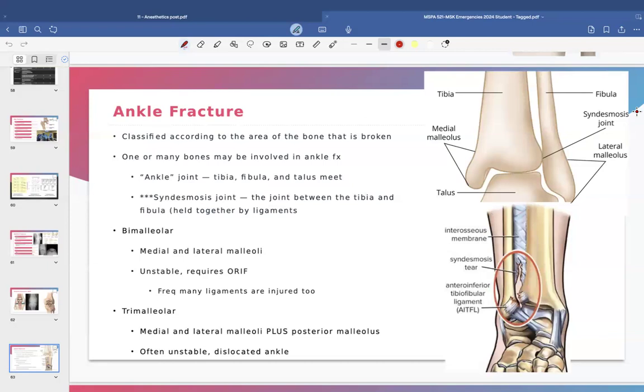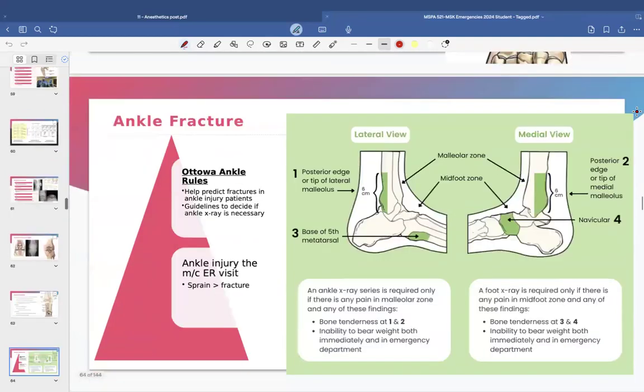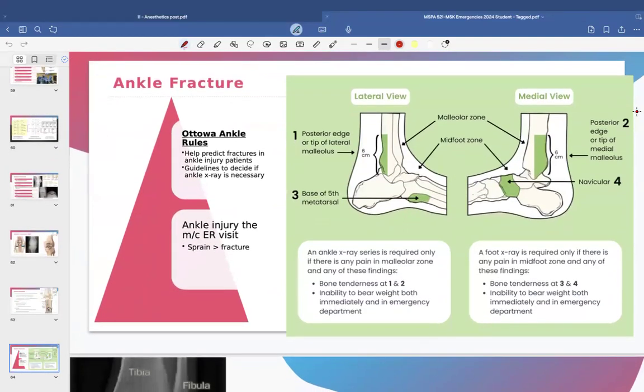If you got a trimalleolar fracture, you're also gonna have that posterior malleolus involved, and you also are going to have an unstable fracture that's gonna require some fixation. But sometimes you can get away with a simple malleolus fracture being treated in a boot that makes you non-weight bearing.